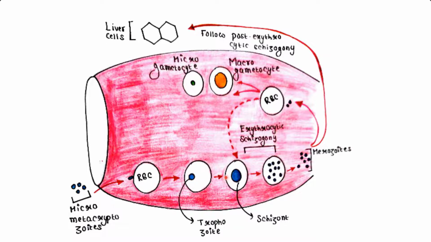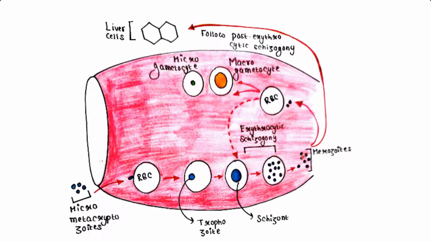It grows up in size and is called a schizont. The schizont now undergoes multiple fission to form a number of cells in the RBC, and these cells are called merozoites. Due to the pressure, the RBC bursts and merozoites get liberated into the blood plasma.